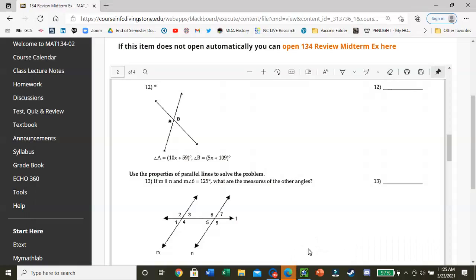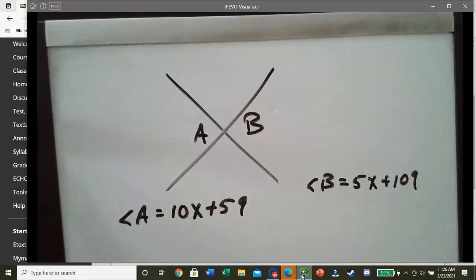So what do we do with these two angles? If we have A and B, and angle A is 10x plus 59, and angle B is 5x plus 109, okay?